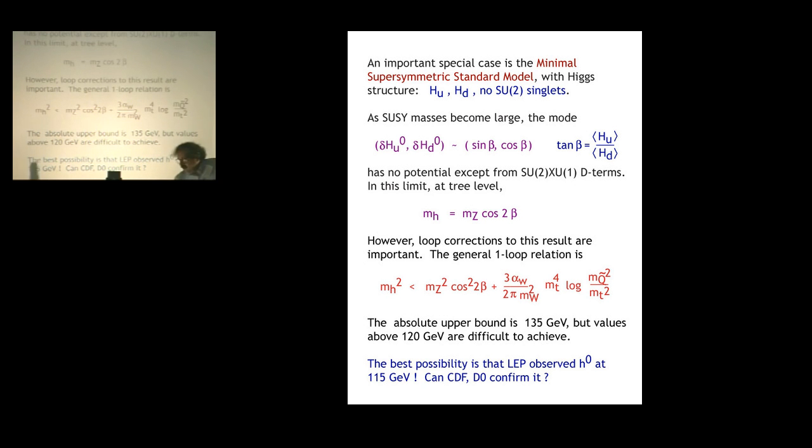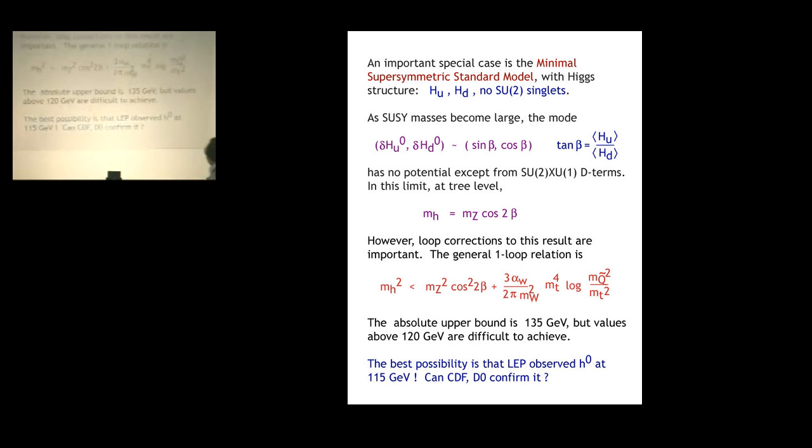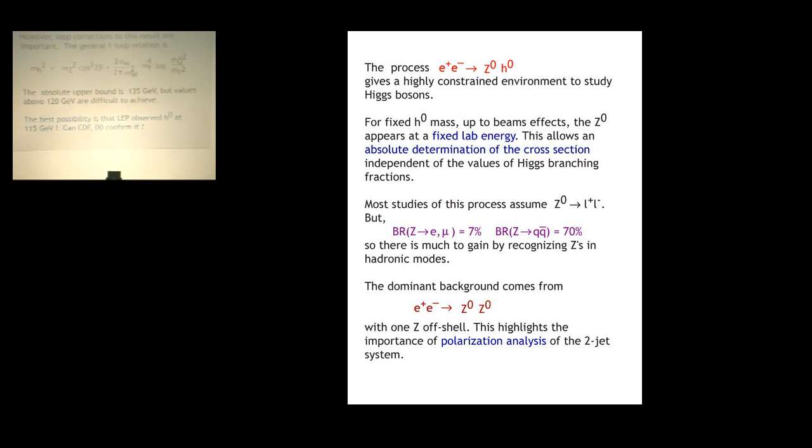But frankly, when you get above 120 GeV, you have to really stand on your head to push the Higgs mass that high. I think people who believe in the MSSM probably should believe that LEP observed the Higgs at 115 GeV. And this gives a very sharp question that CDF and D0 hopefully will answer in the next 3 or 4 years. I hope the answer is positive.